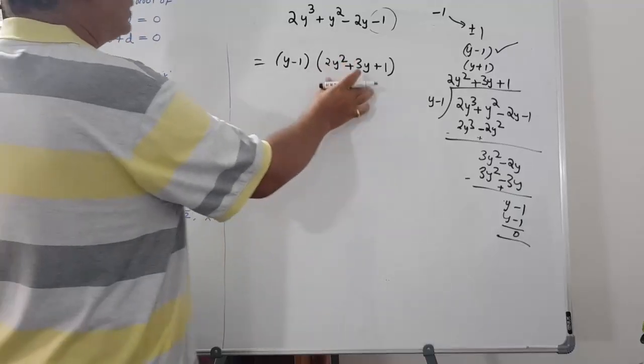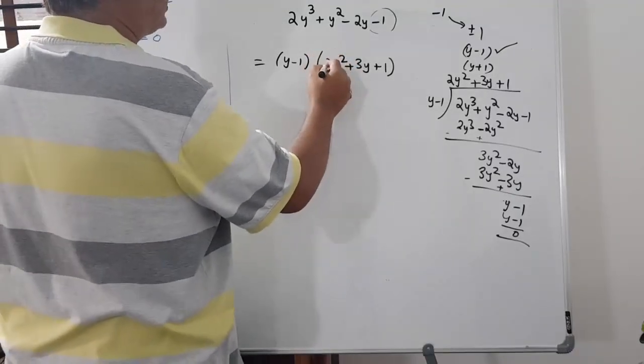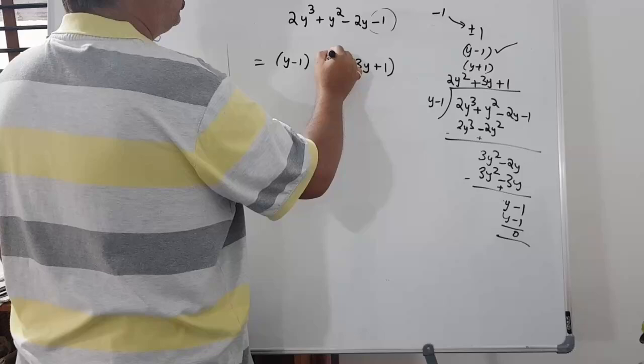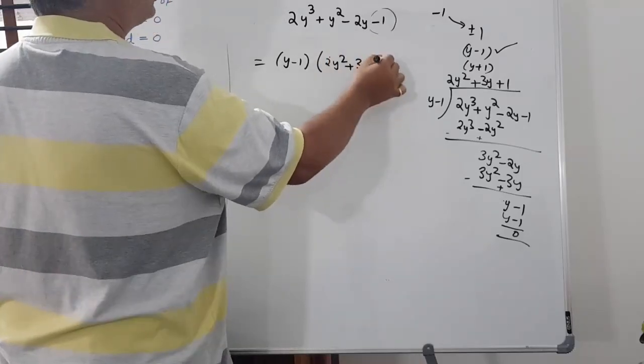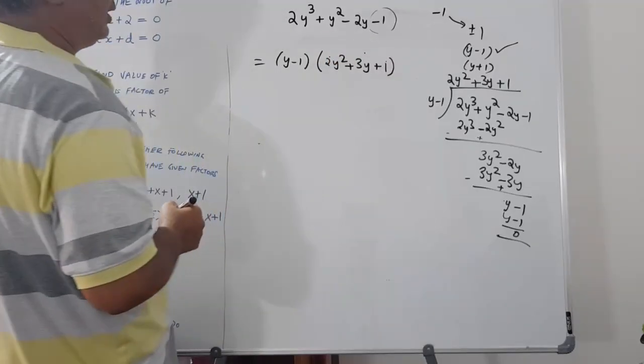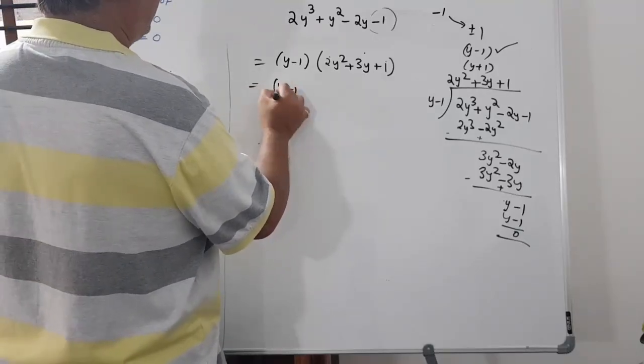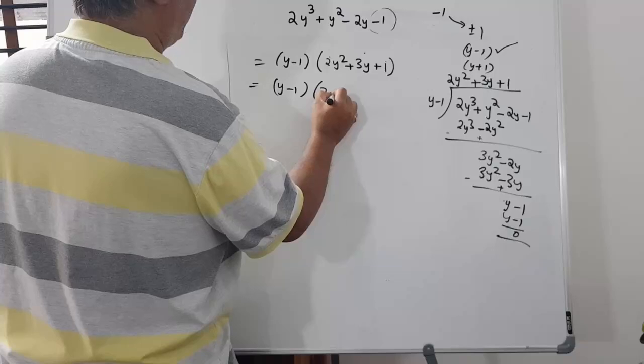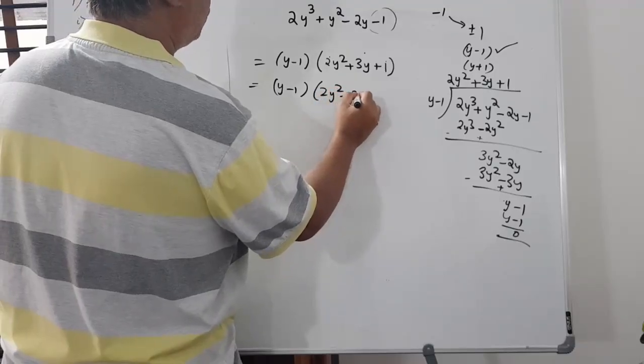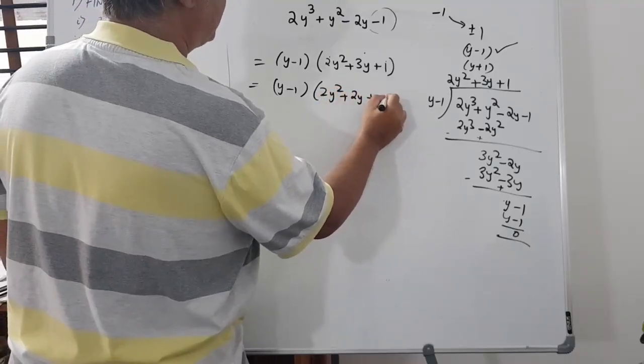Now to factorize this quadratic expression, we use the same trick again. We have to find two numbers whose product is 2 and whose sum is 3. That is nothing but 2 and 1. So what we can do is, we can write this as 2y squared plus 2y plus y plus 1.